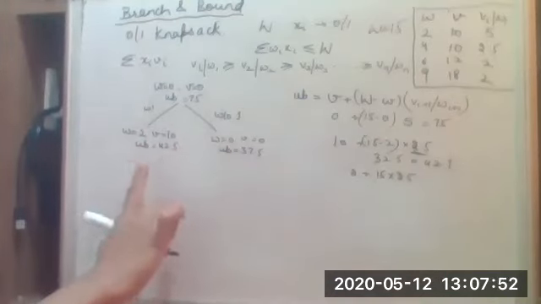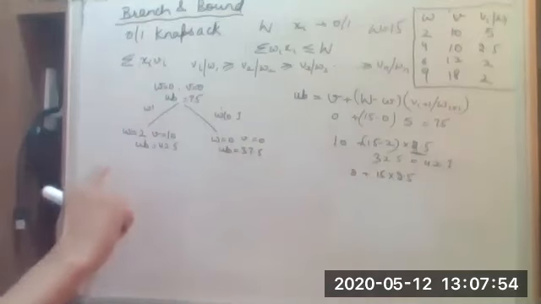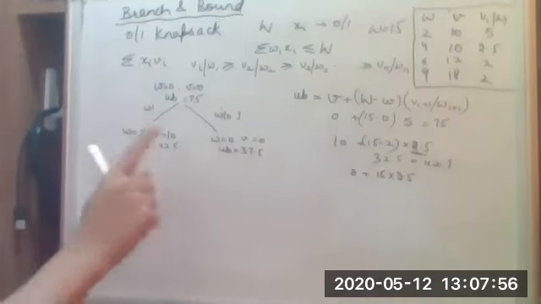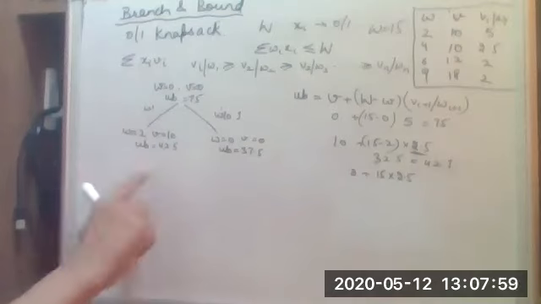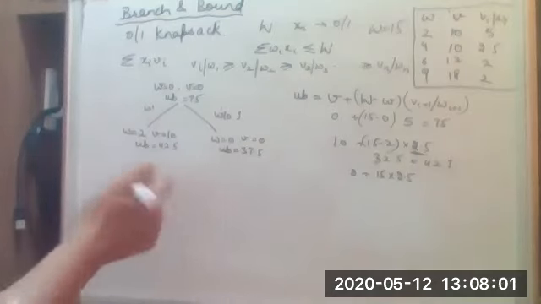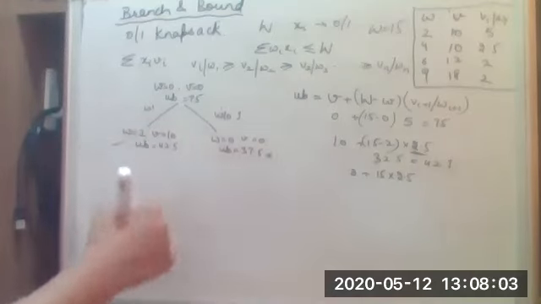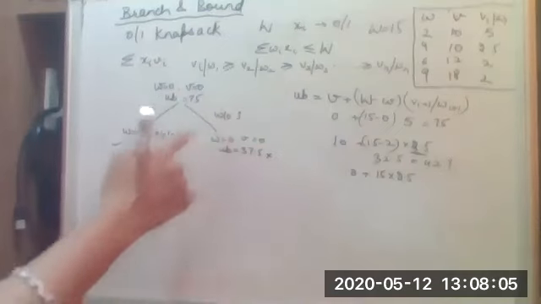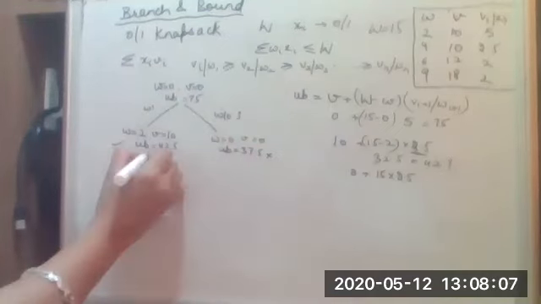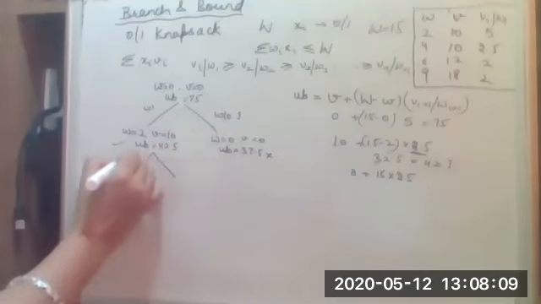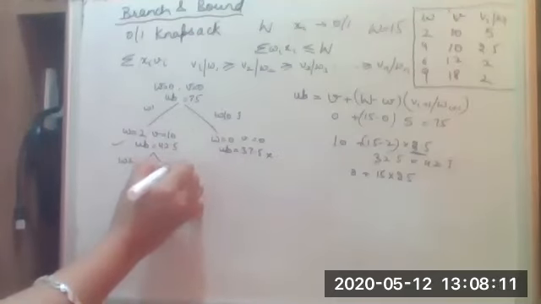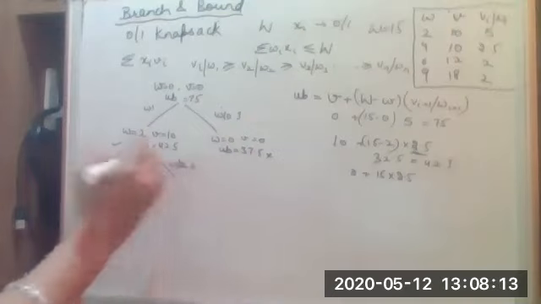Now it is an upper bound, so the previous case was a lower bound. In the case of an upper bound, we are going to select the more promising node, which is going to give us a better value. So this is the better value. Yes, so we are not going to take this node and branch further. We are going to take this one, which will be for when you are going to consider the second element and when you are not going to consider the second element.